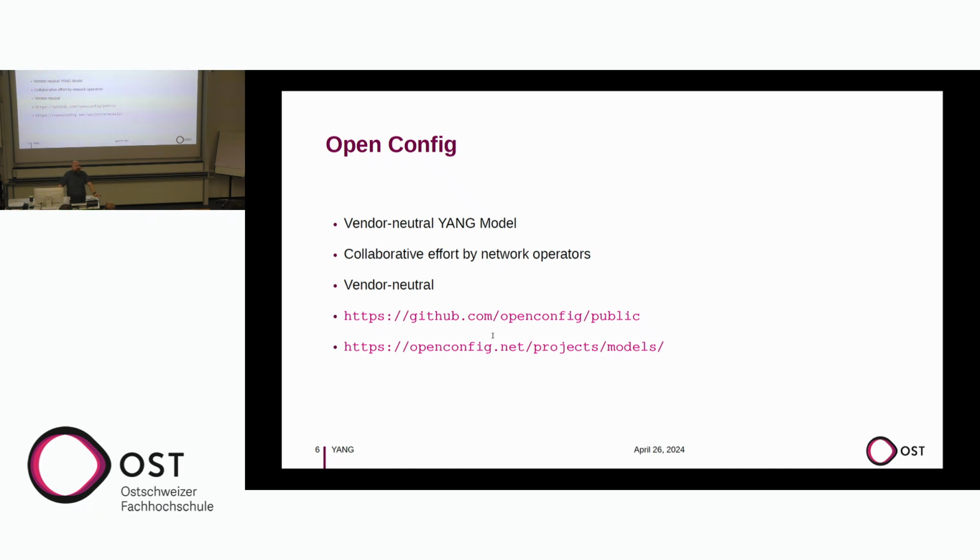Sadly, it's not always exactly like this. Many vendors support the OpenConfig models in a way, in a version, but then have their own deviation versions. So you always have to check if there are deviation models also available, because you have to merge them together. Otherwise, you don't have the correct API description.